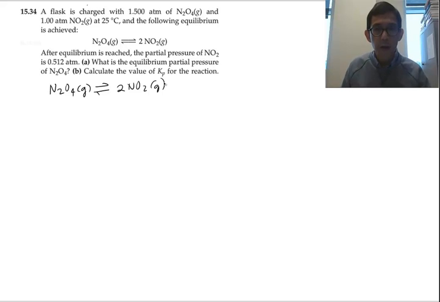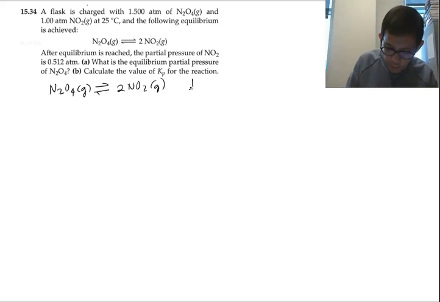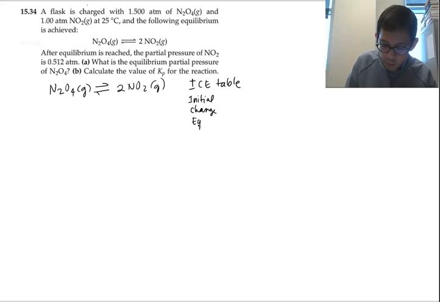Okay, so we're not given the equilibrium concentrations, we're given the initial concentrations. Whenever you have these types of questions, it's really useful to construct an ICE table. ICE stands for initial, change, and equilibrium.